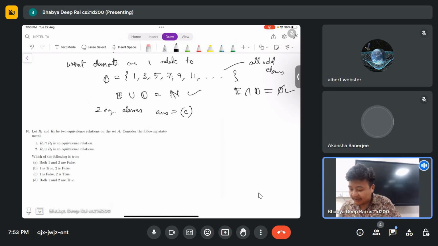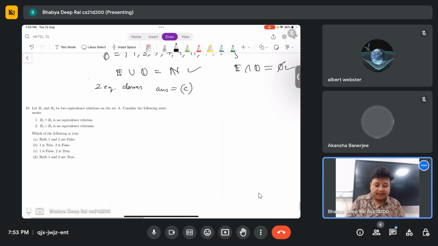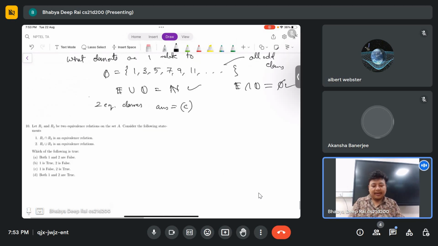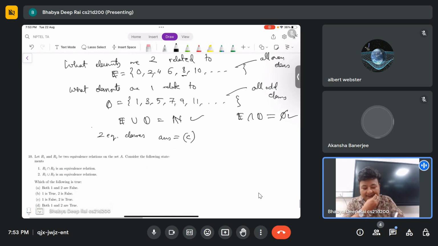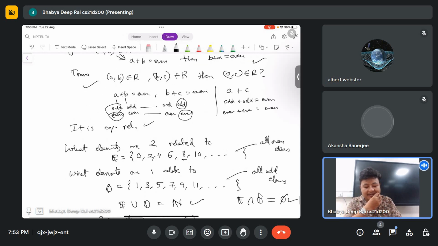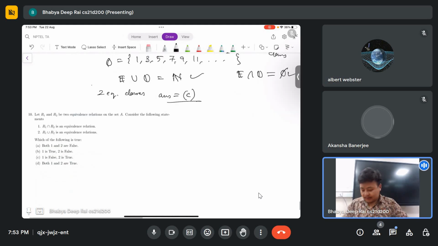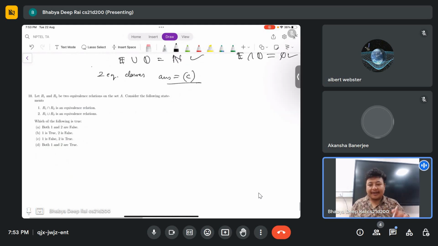We have very little time left. But I think Albert, this is fine, right? The answer is C. There are two equivalence classes, those with odd elements and those with even elements. This next one will take time, so I will not be doing it.